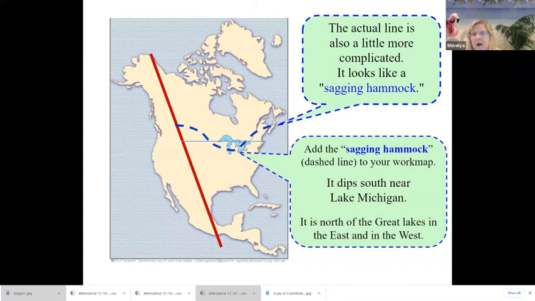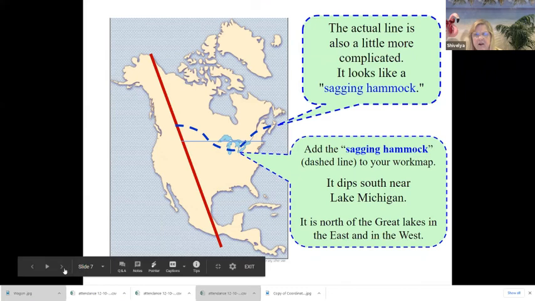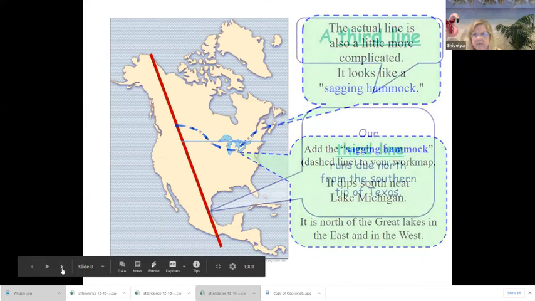Because of this, there is a little bit more of an agricultural region up here north of the line. But the kids will get it overall. For the most part, I have them focus on just having a straight line. If they're a little bit more sophisticated, they can make that little bit of a dip there. That also helps them to understand some of the changes that occur.